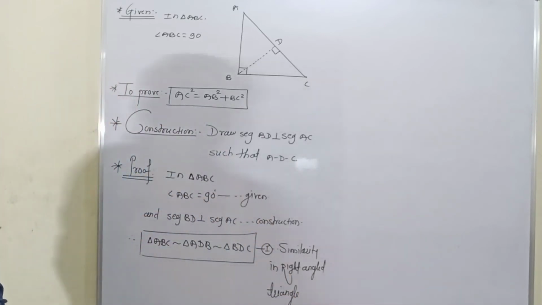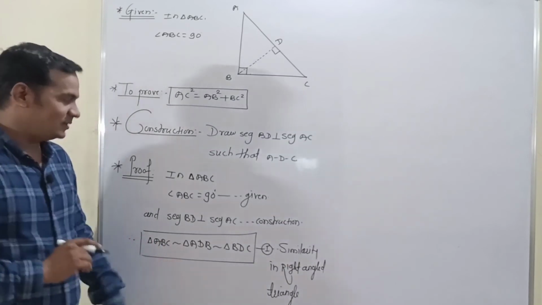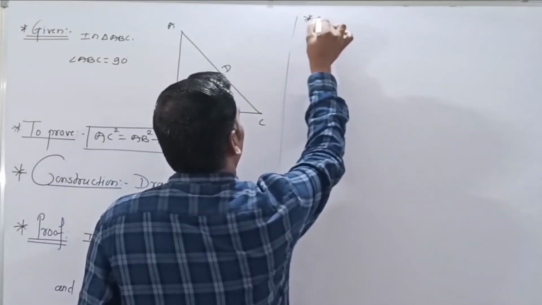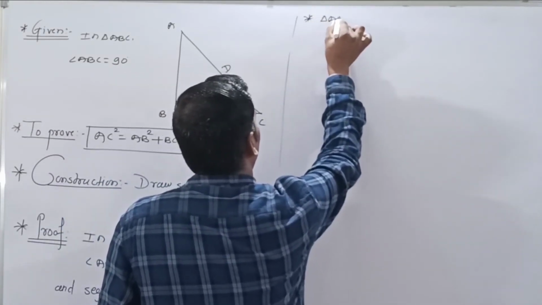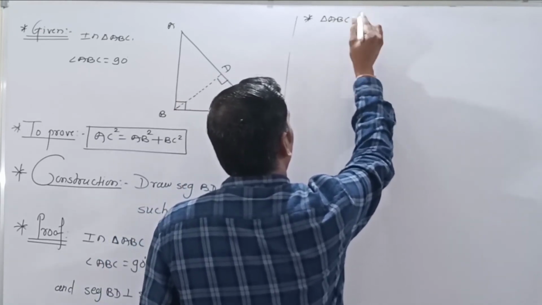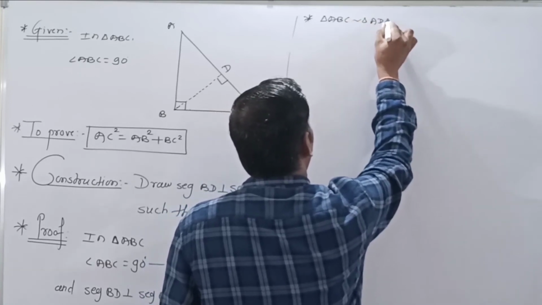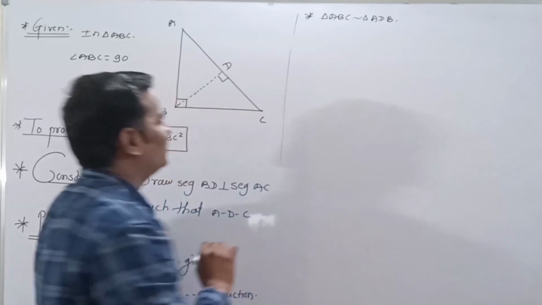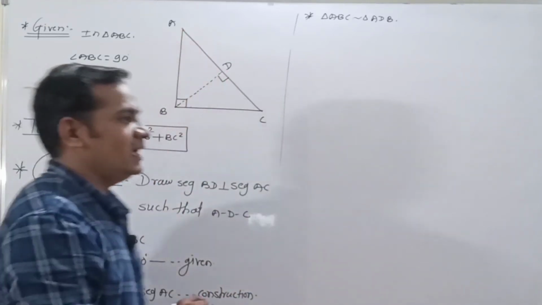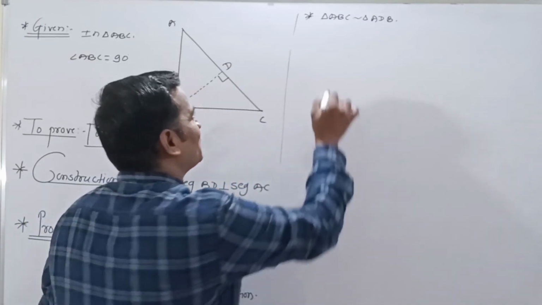Okay, so let's take the first pair of similar triangles. Triangle ABC is similar to triangle ADB. We know that if two triangles are similar, then corresponding sides are in proportion.